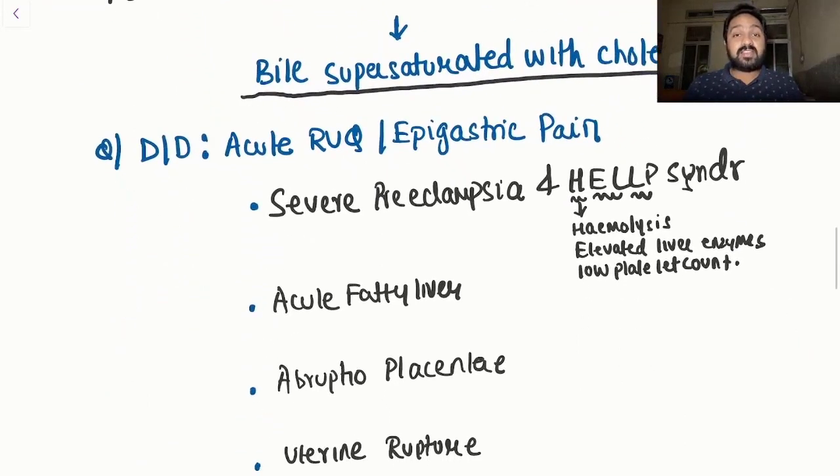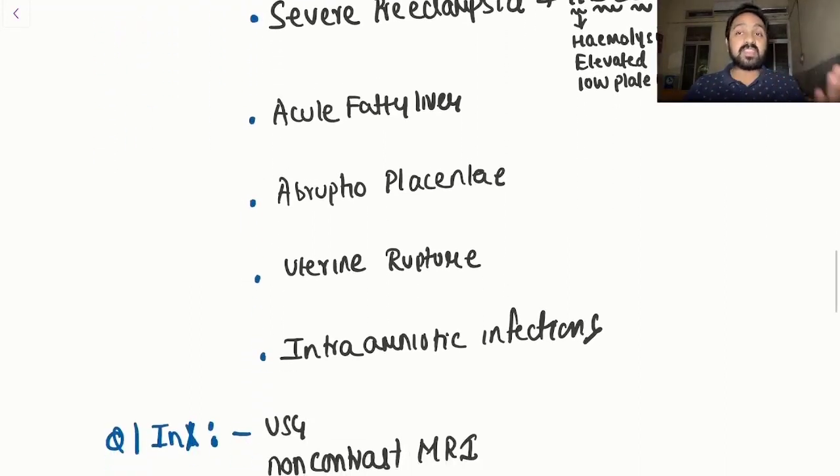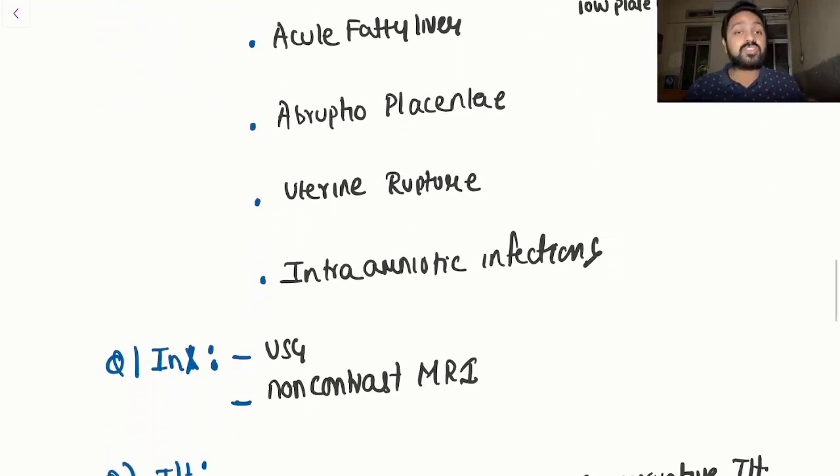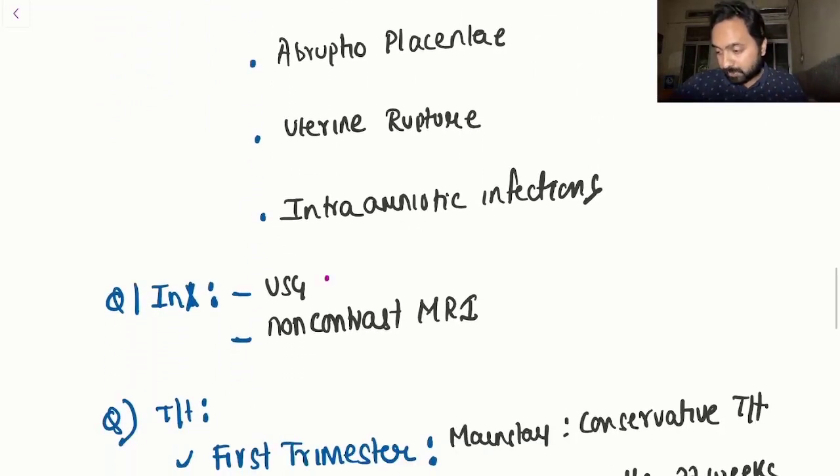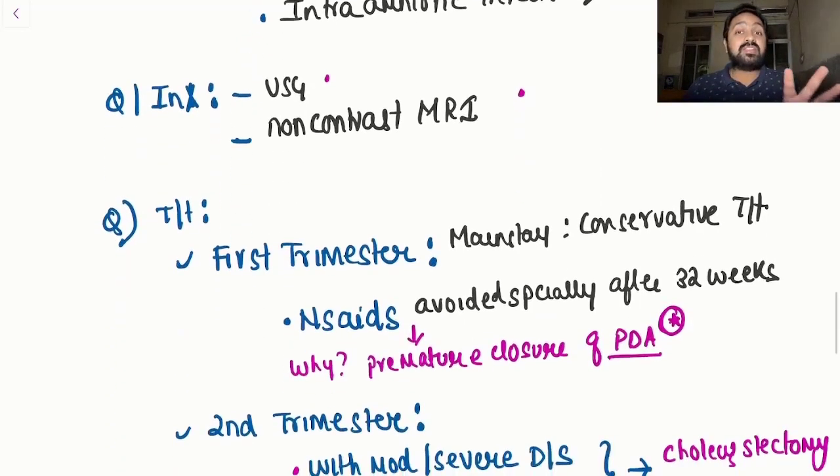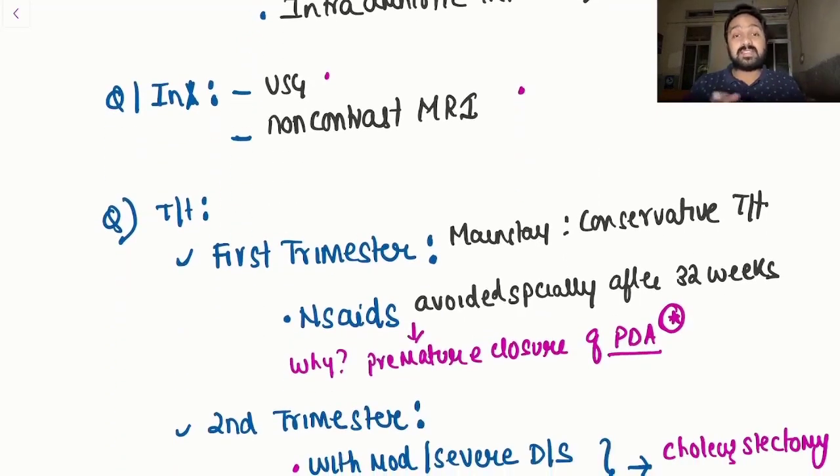The risk factors include pre-pregnancy obesity, multiparity, increasing age and genetic predisposition, the cause being hormonal factors. The differential diagnosis includes severe preeclampsia and HELP syndrome, acute fatty liver, abruptio placentae, uterine rupture and intra-amniotic infections. Investigations are USG and non-contrast MRI. Treatment in the first trimester is mainly conservative.